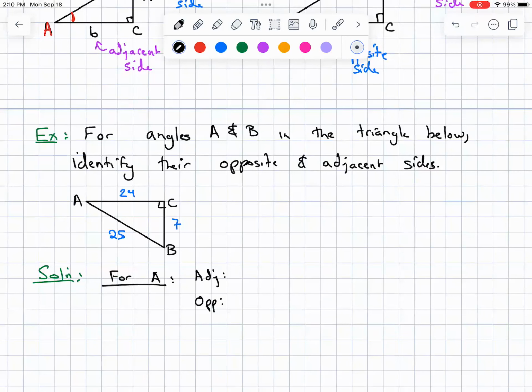The opposite side for A would be 7. The adjacent side is never the hypotenuse. The opposite is from C to B, the hypotenuse is from A to B, so the adjacent side must be the 24.